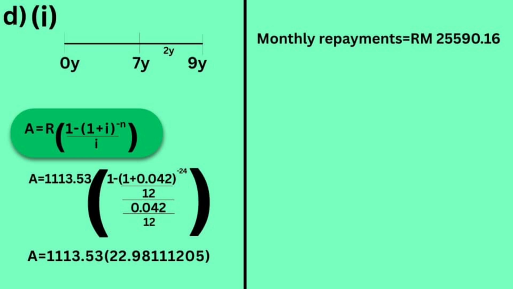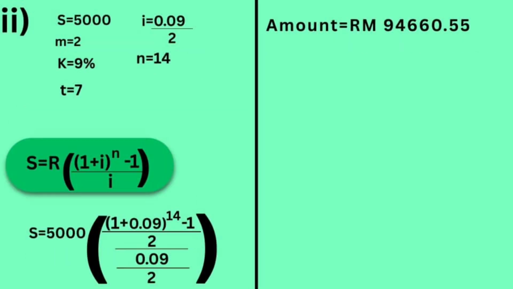After solving the question, we get the final answer, which is RM25,590 and 60 cents. For D2 Roman, we need to find the amount withdrawn from the mutual fund. From the information, we use R equals 5,000, M equals 2, K equals 9%, i equals 0.09 over 2, and n equals 14.